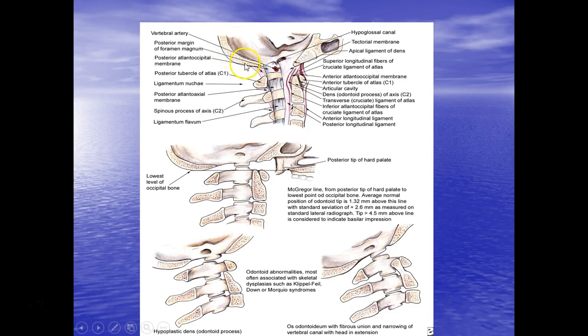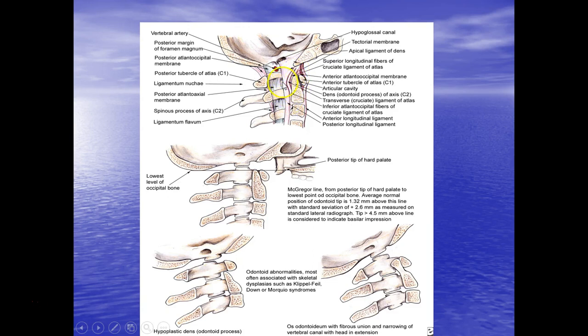So the posterior part of the occiput, the basilar part of the occiput in here, the anterior portion of the foramen magnum, and then the C1 vertebrae, the posterior tubercle of C1, the anterior tubercle or anterior arch of C1 here, the vertebral body of C2, and the odontoid process of C2 in here.